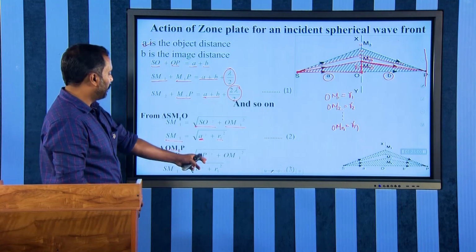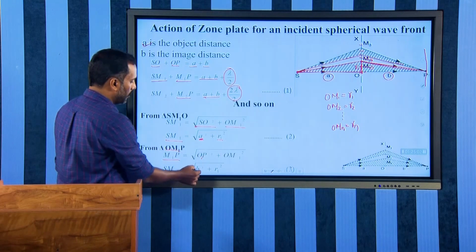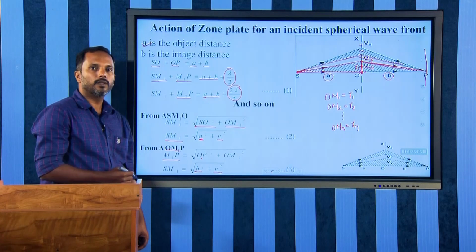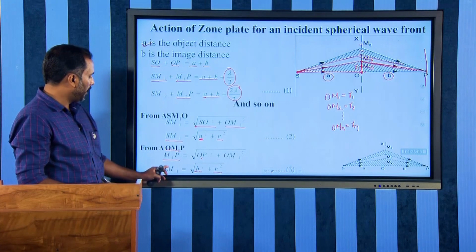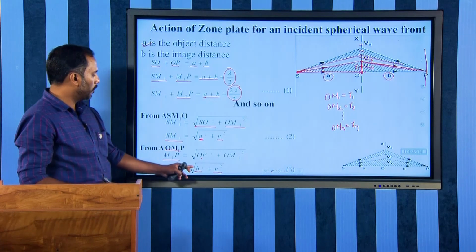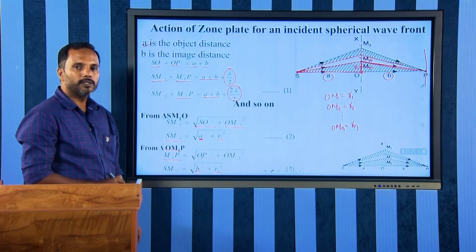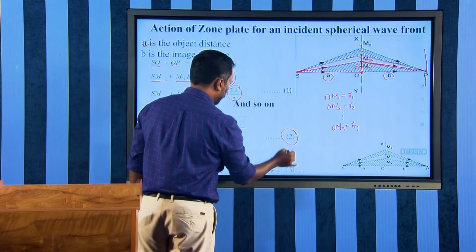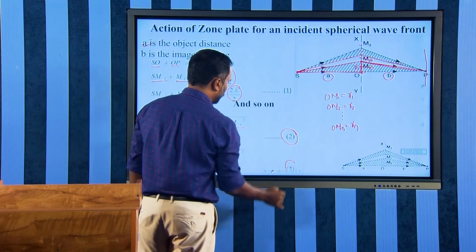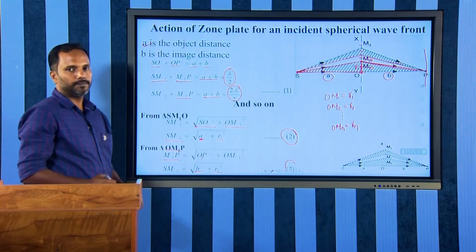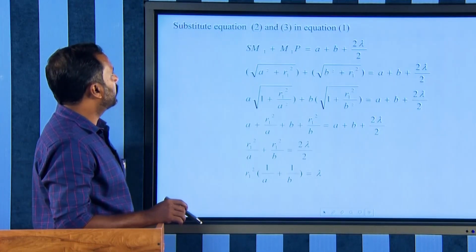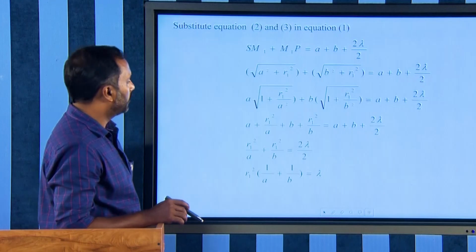Now, here OP is B, and OM1 square is R1 square. So, we will have M1P equal to the root of B square plus R1 square. This formula I have put as equation number 2 and this as equation number 3. Well, now substituting equations 2 and 3 in equation number 1.